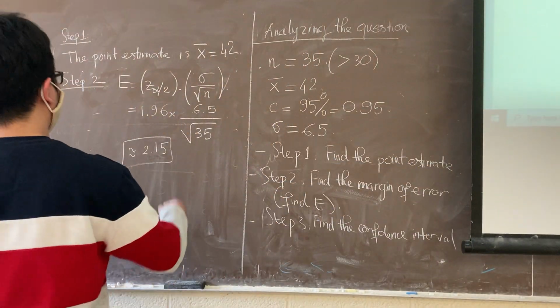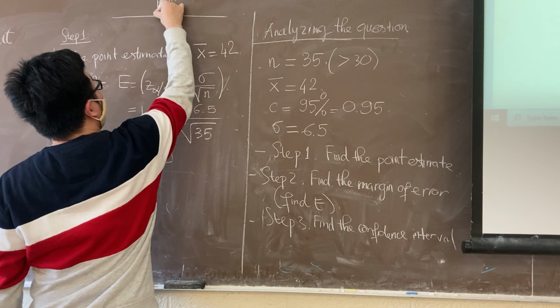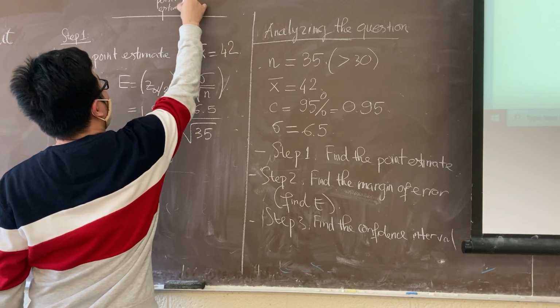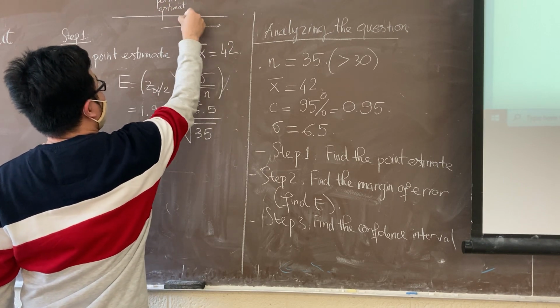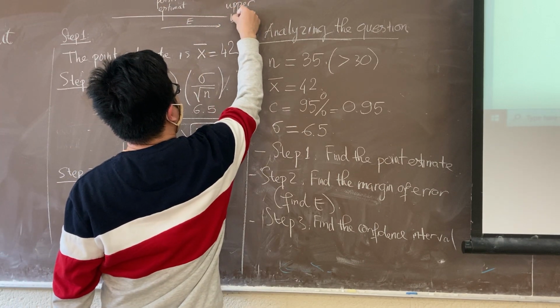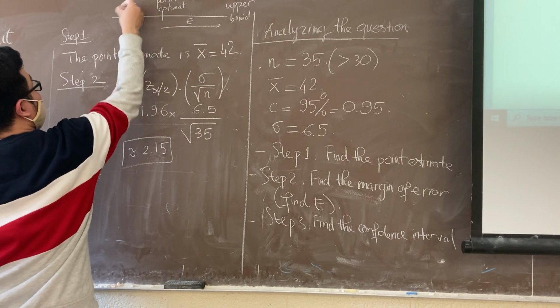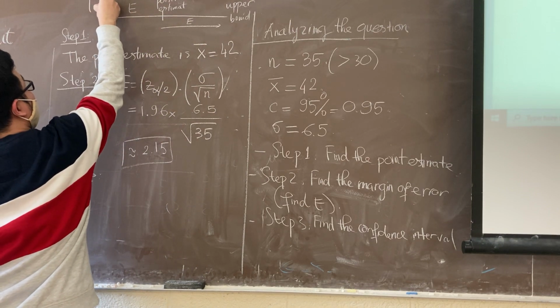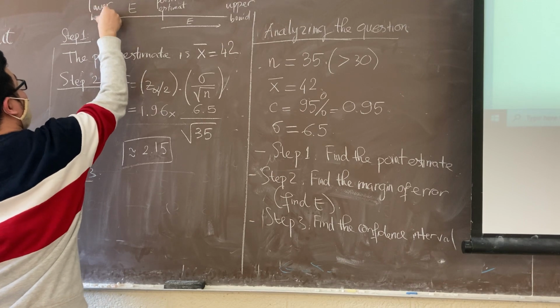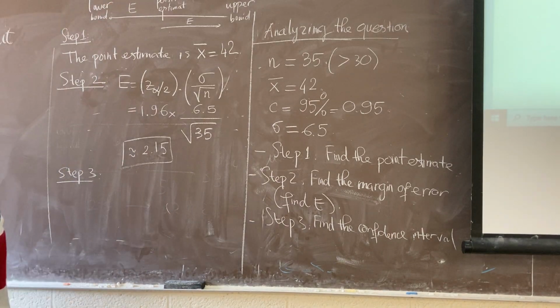To find the confidence interval, you notice the point estimate is the middle. The distance from the point estimate plus E is the upper bound, and the distance from the point estimate to the lower bound is also E. That is the minimum value and maximum value of the population mean.